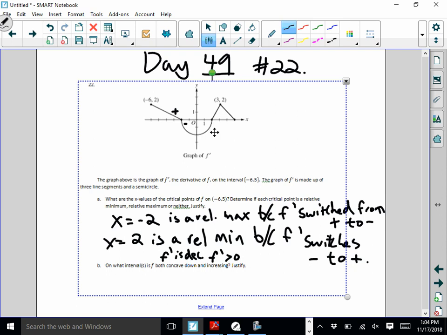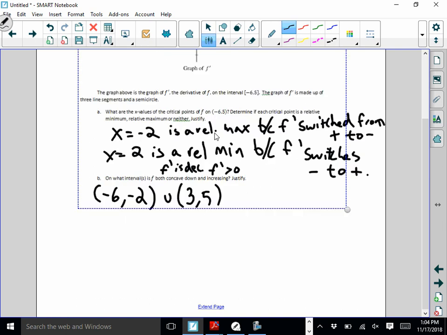So I'm going to say from -6 to -2 union 3 to 5. And my justification is exactly what I'm looking for in my definition. That's where f prime is decreasing. By the way, I put my answers in the same order that it was asked.